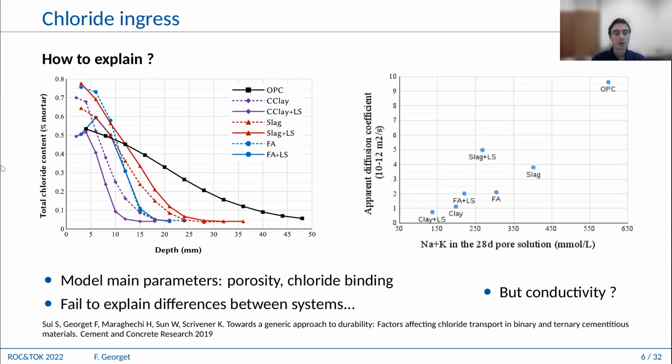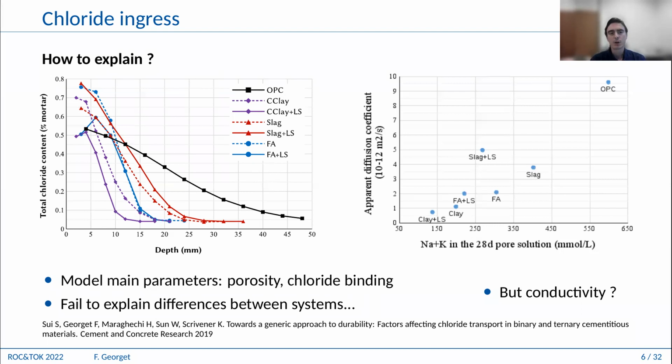These are often the different curves that you can see in the literature. This is one example that shows different binders: OPC, calcine clay, slag system, and fly ash system. As you can see, every binder behaves very differently.